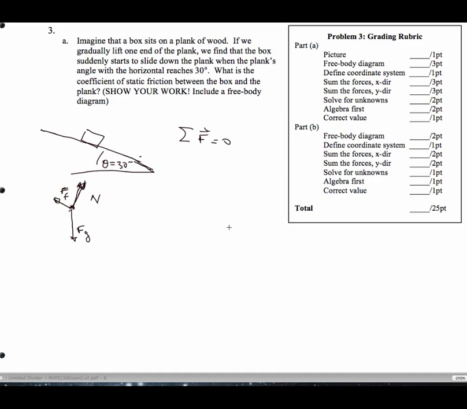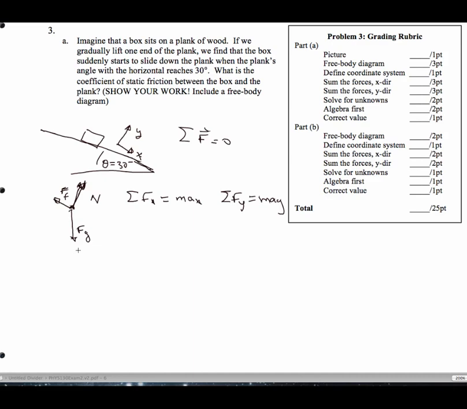Okay, so we have to define a coordinate system. I'm going to put that right on my plane and say that that's my x direction, that's my y direction, and I want to sum the forces in each direction. So I sum the forces in the x direction, that produces my x acceleration, and I can sum the forces in the y direction, and that produces my y acceleration.